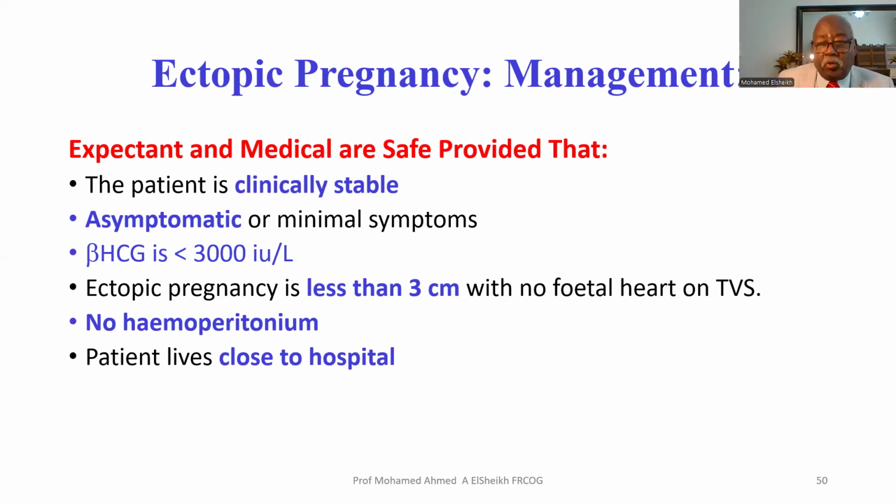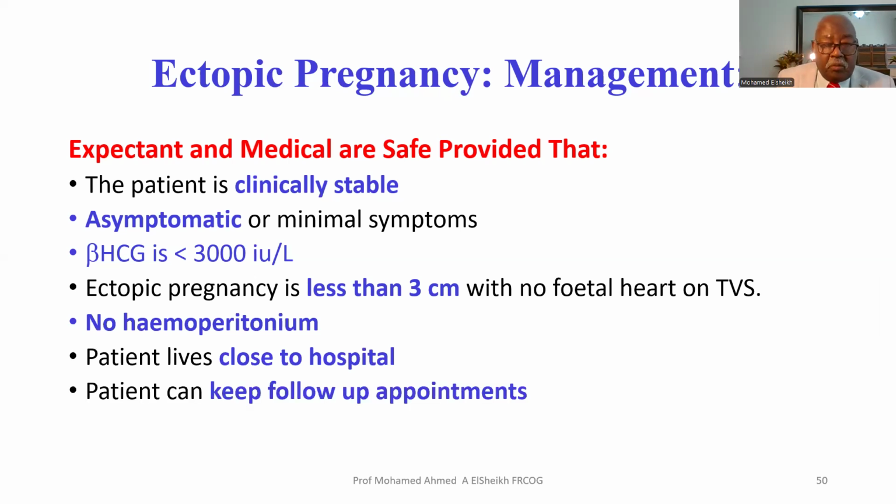If not, then they will go to the next step of surgery. The patient can keep the follow-up appointments because in medical and expectant management, we give them follow-up appointments. You do certain things and then you do a follow-up. You don't need to keep her in hospital.